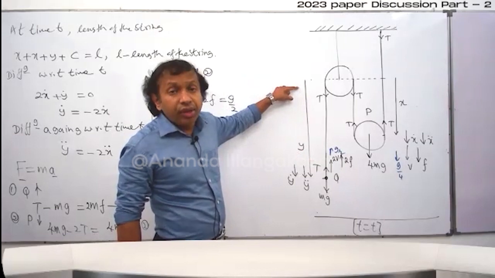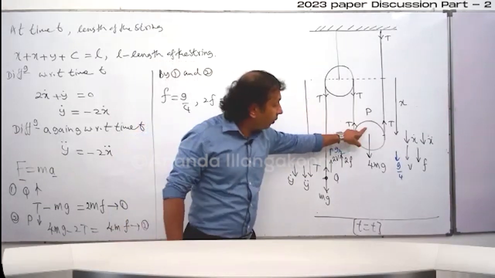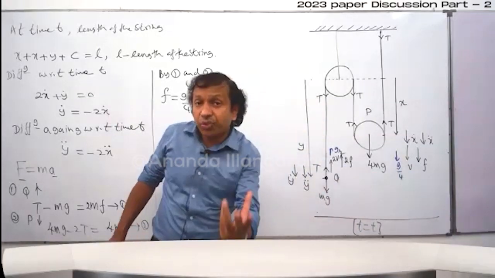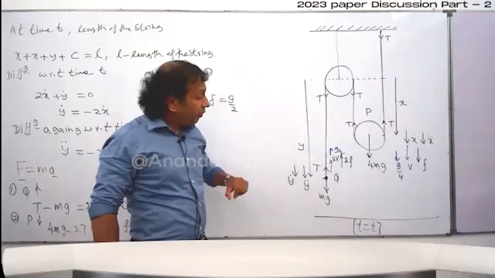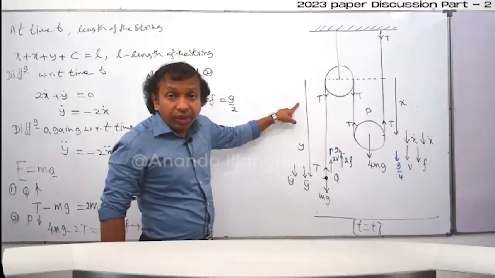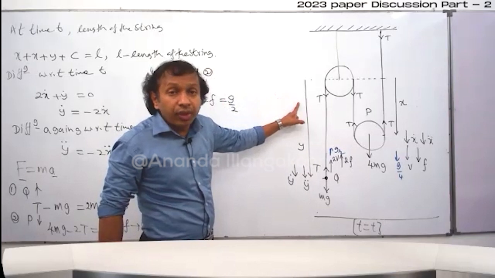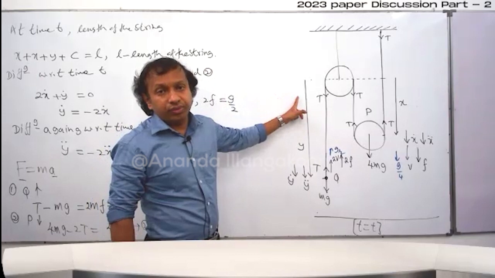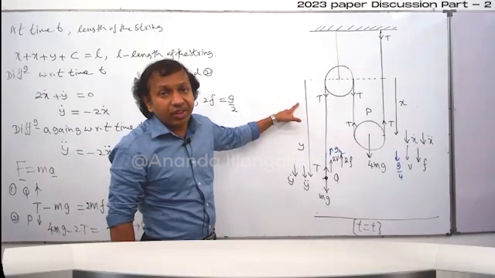Understand? Now, after this particle hits the ground, since it does not rebound, the particle Q from here at a height 2a had the velocity 2v, no? It doesn't stop there. Why? It has velocity. What is that? 2v, for instance, right?